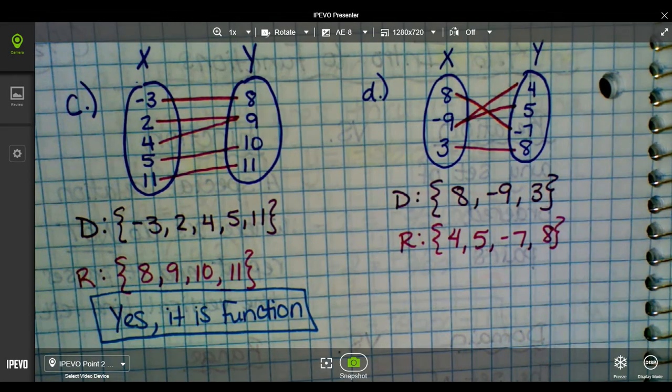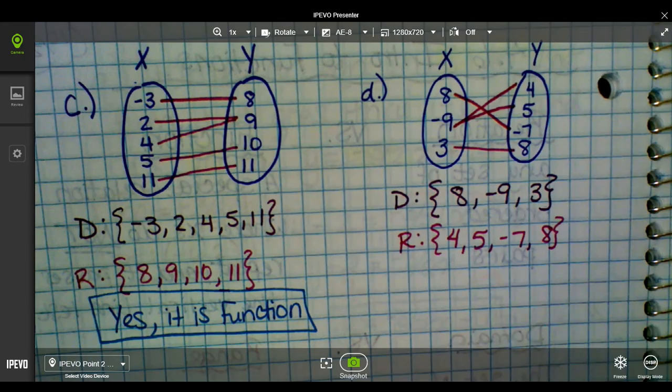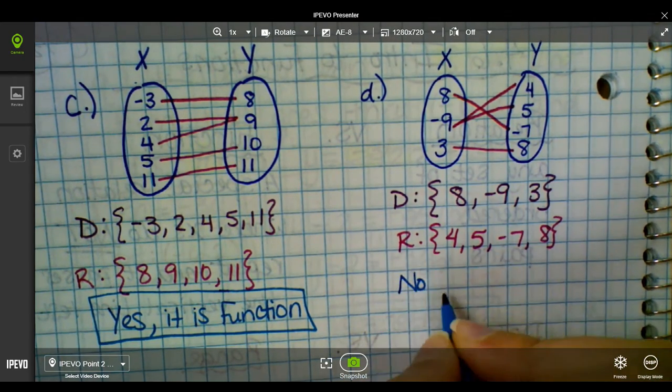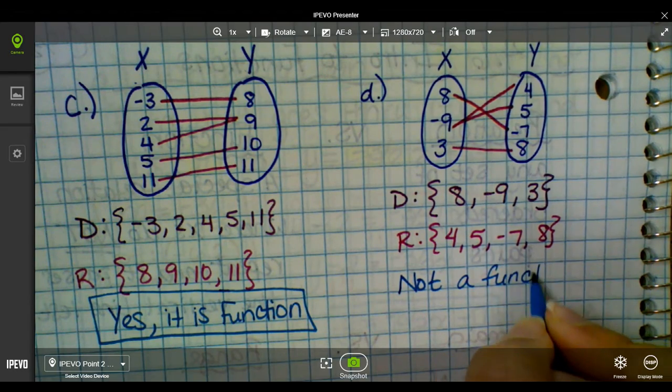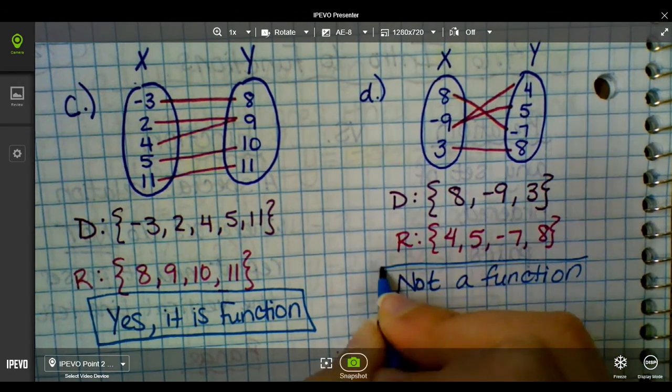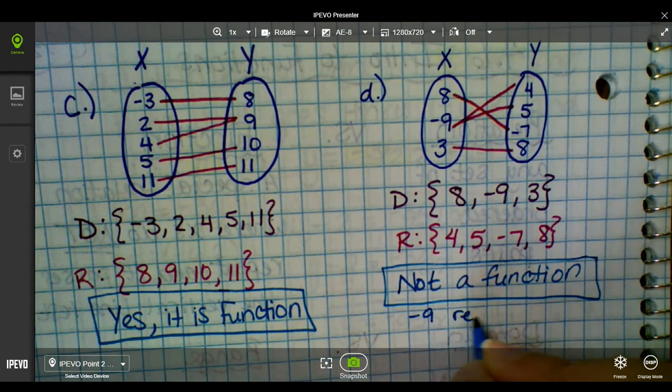I can't plug in -9 again and get -12. It just doesn't work like that. So this one is not a function. Can't plug in the same number and get 2 different answers in functions. And then I'm just going to write down here, -9 repeats.